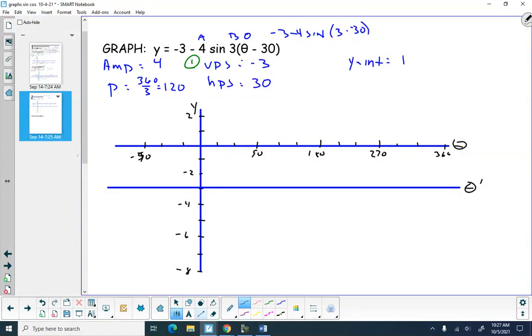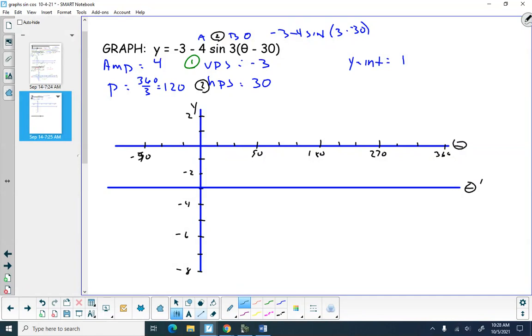Second thing, where do we start with our theta value? Our horizontal shift and our trig function. You have two values you have to worry about: where you start on the theta axis and where you start with respect to the y. So you have an ordered pair.